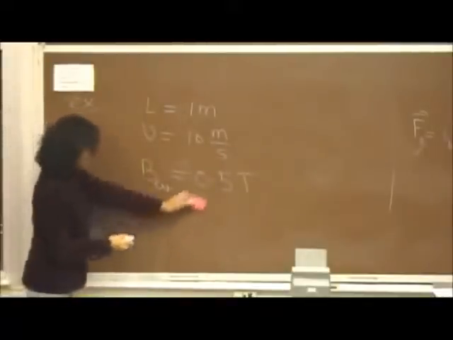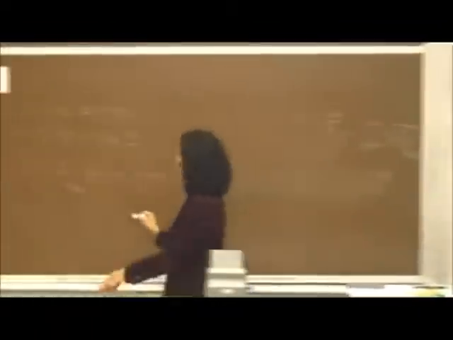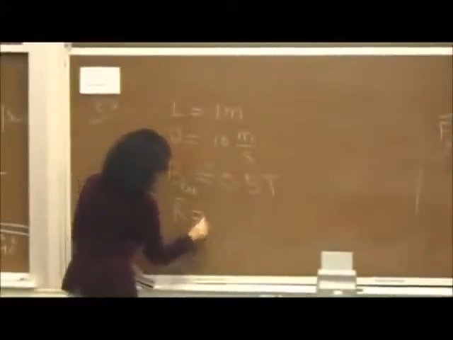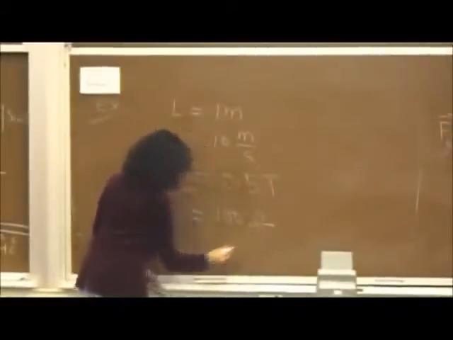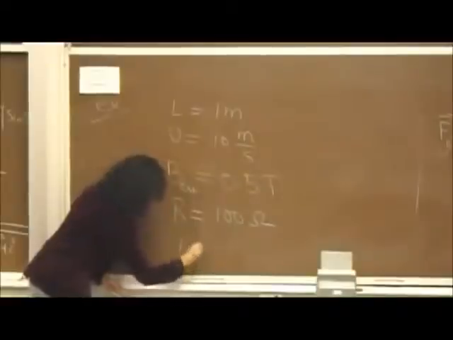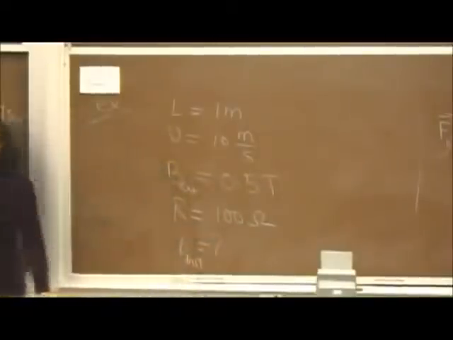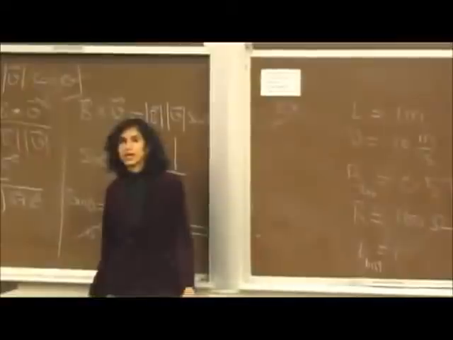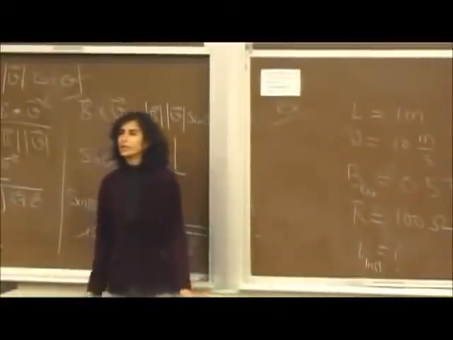Assume that the resistance of this whole circuit is R, and R is equal to, let's say, 100 ohms. The question I have for you is, do you know how to find the current induced? How do you think we should do it? Any thoughts, folks?